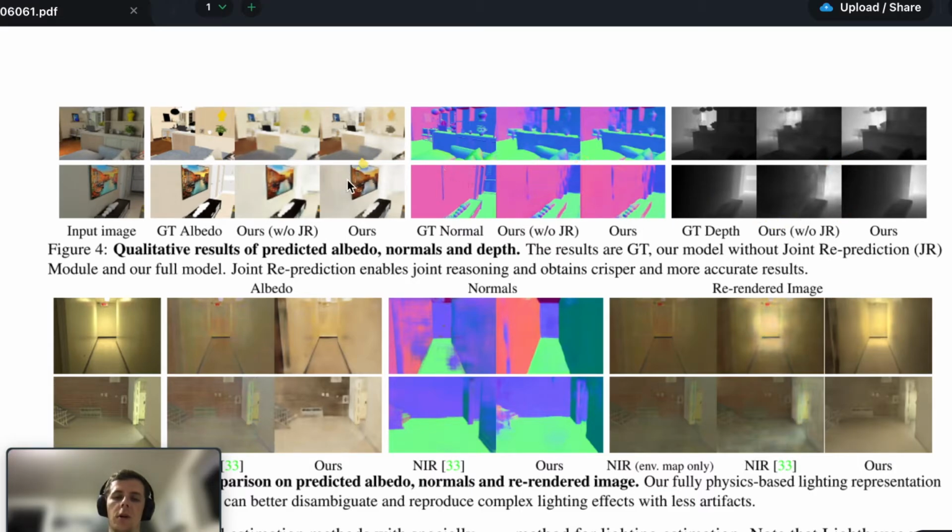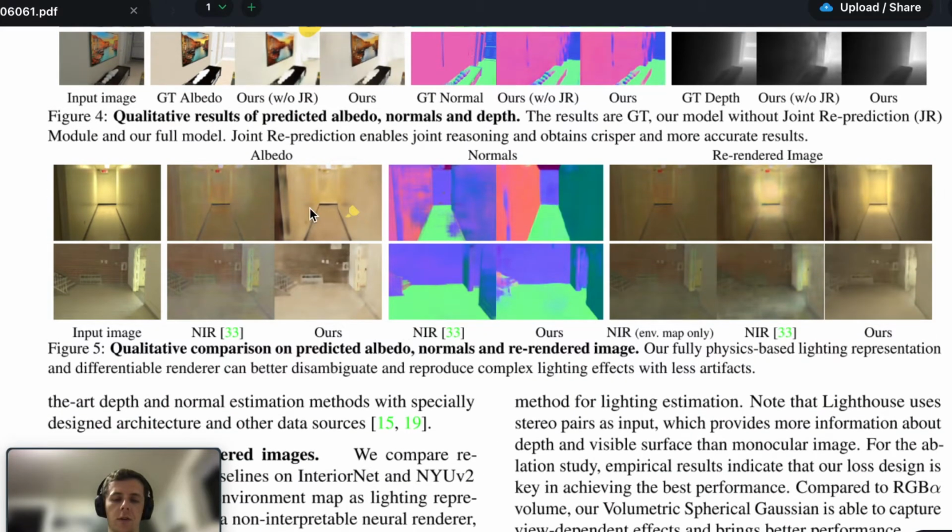As we saw earlier, the numbers show that there is a good difference, but on the images it is quite hard to see, in my opinion. Also here on the bottom we have other albedo and normals and their final re-rendered image, and those are also on real images. It's basically a comparison to NEAR, and you can see that they get a better approximation and rendering compared to the ground truth.